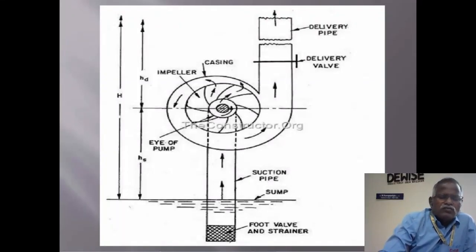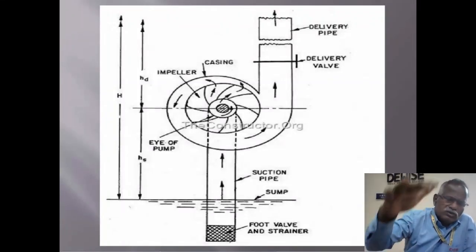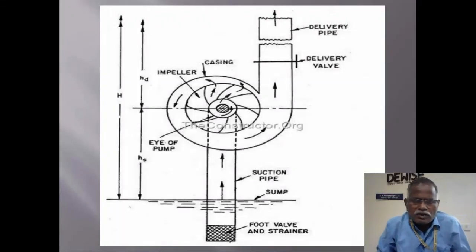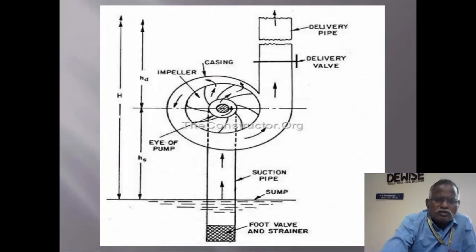The foot valve and strainer are below the water level. It is attached at the end of the suction pipe.